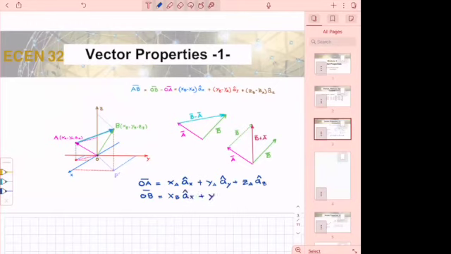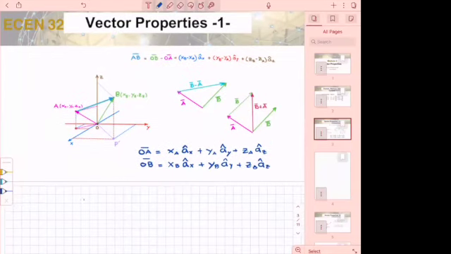From here, you can see that it's easy to get the difference between these two or the sum. The way I have done it, AB is the difference between OB and OA. But let's assume that I did not have the visuals and I wanted you to write OB plus OA, the vector.